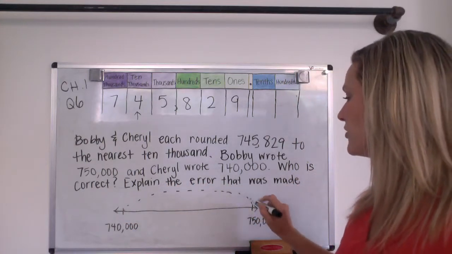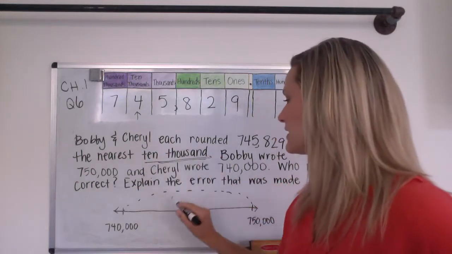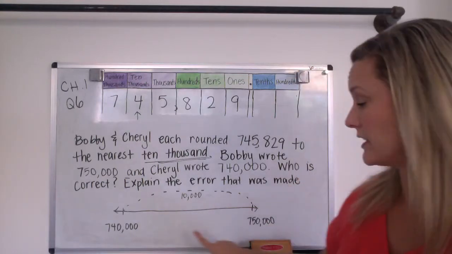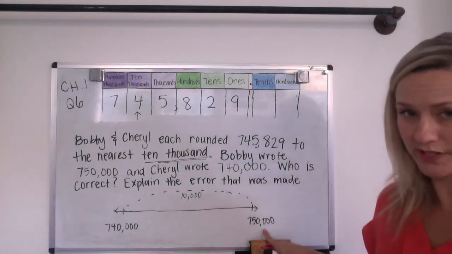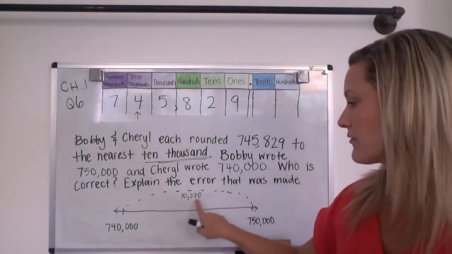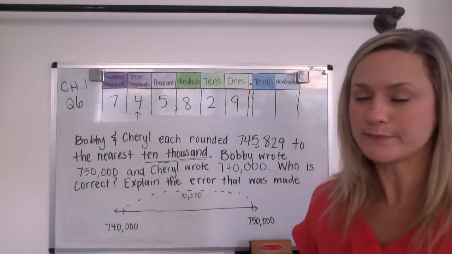So that's something to note. When you're rounding to the nearest 10,000, there should be a difference of 10,000 between each of your endpoints, right? Now, if we were rounding to the nearest 1,000, we'd only want a difference of 1,000, right? So we'd have to adjust our numbers and the number line.